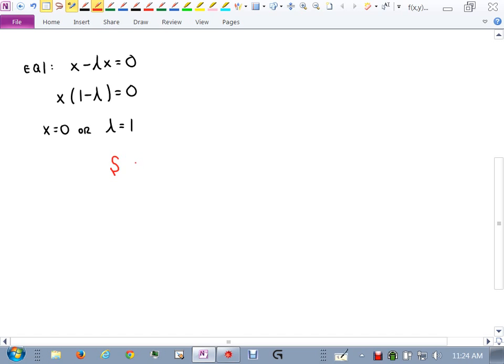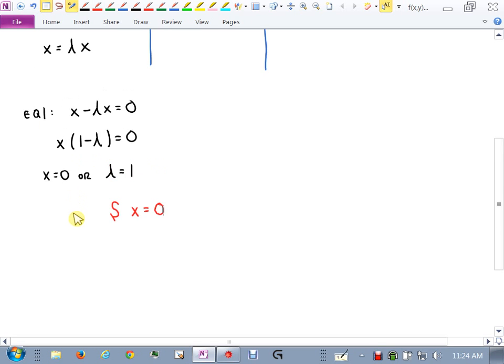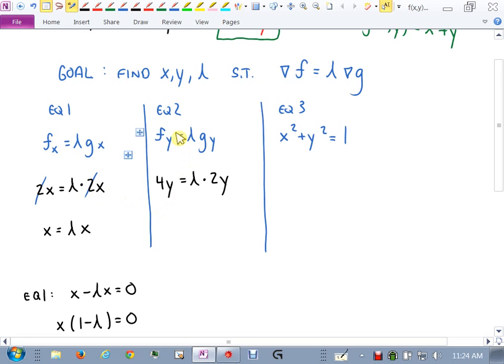Suppose x is equal to 0. So I'm looking at that first scenario right here. If x is 0, can you get any result from the second equation? If x is 0, x has no effect on that, right? No effect at all. But over here in the third equation, what do you get?